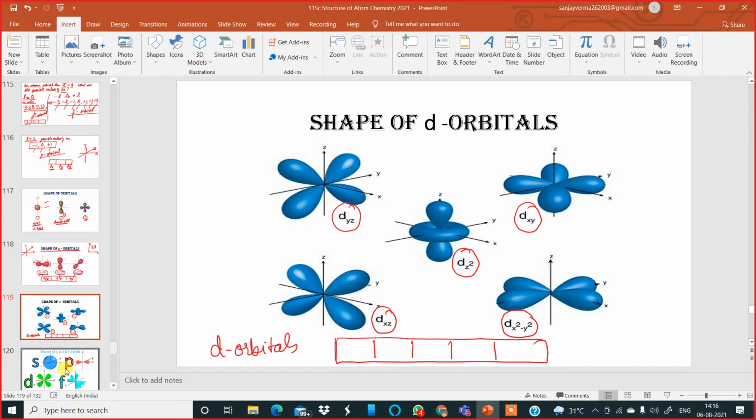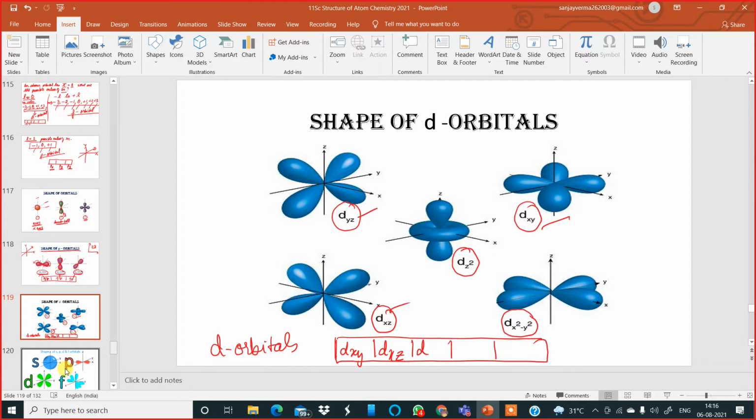The first one I take to be dxy, then the next one dxz, then the third one dyz, the next one dz square, and the last one dx square minus y square.